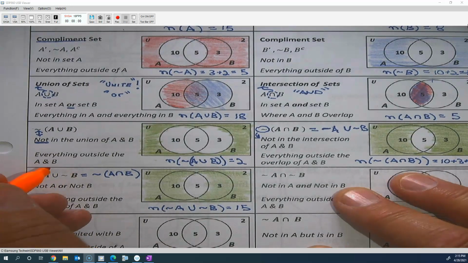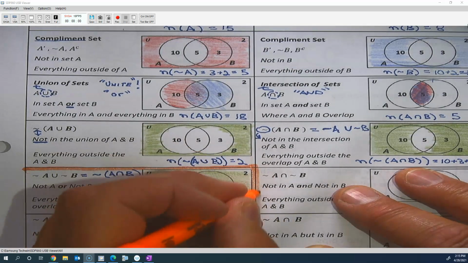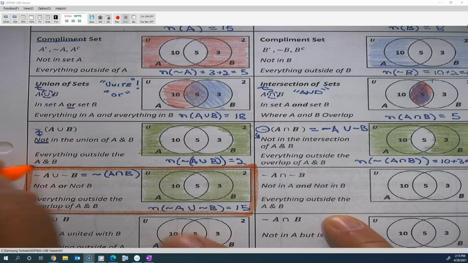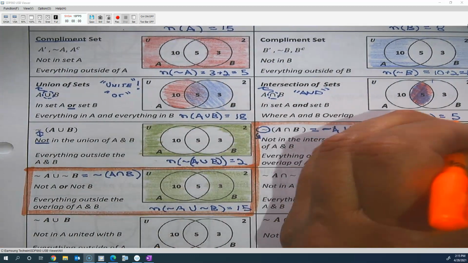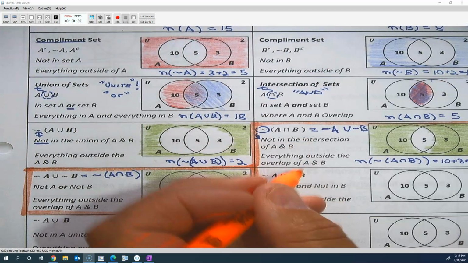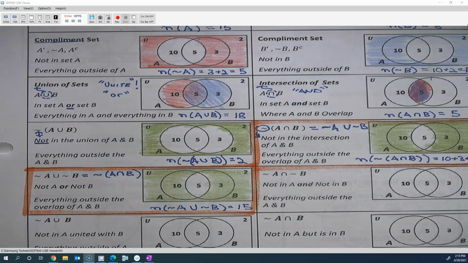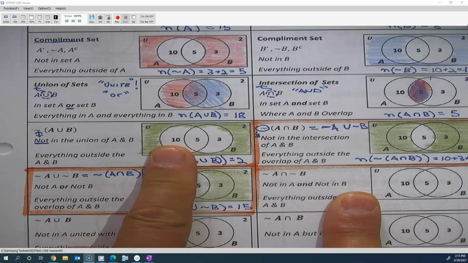So let's see, I'm going to save this one right here. Is the same as this one. And the same thing happens with these two. These two are going to be the same.